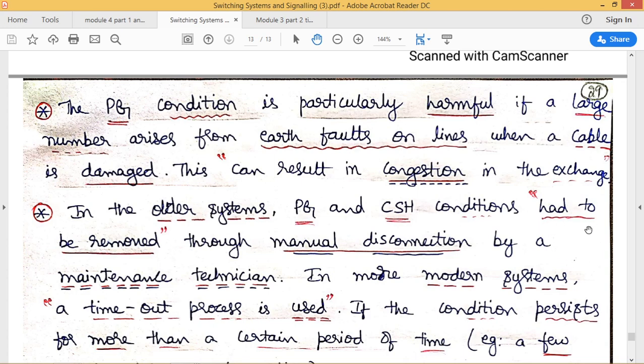If a large number of called users hold their telephones for long durations, it results in congestion. This may also happen when earth faults occur on lines due to damage of telephone lines.